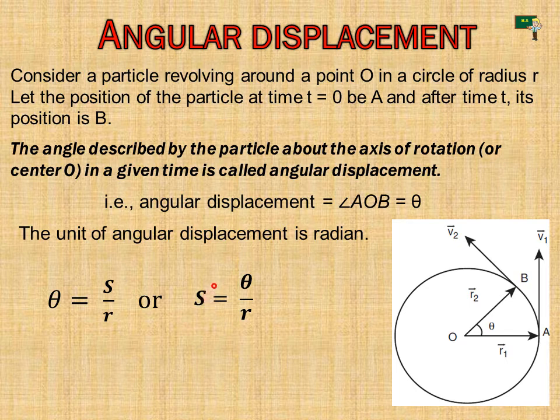So if you want to find the displacement by the particle when it moves around the circle, you use the angle and the radius of the circle, and that gives the angular displacement of a particle.